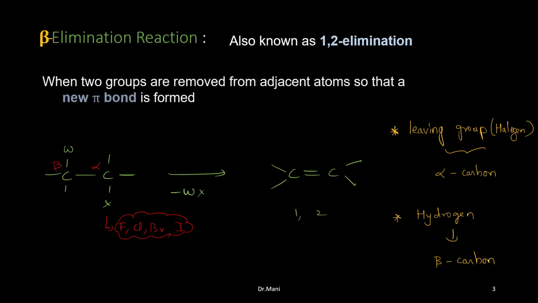So remember, the alpha carbon is where the halogen is attached and the beta carbon is where the hydrogen is attached. You can call it a hydrogen or a proton. And this beta elimination reaction is mostly used for synthesis of alkenes from alkyl halides or alcohols.